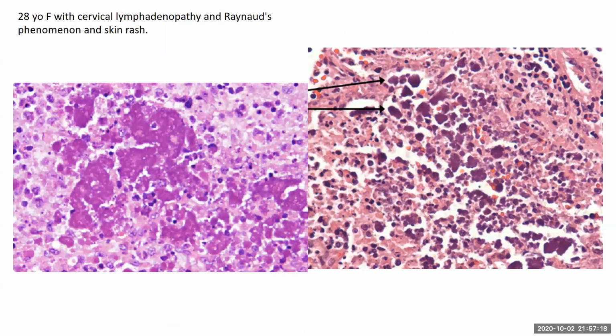So next, a 28-year-old female with cervical lymphadenopathy, Raynaud's phenomenon, and a skin rash. We had just described that there's an overlap. So what do you think this is? And what are these bodies? Thrombi or fibrin?